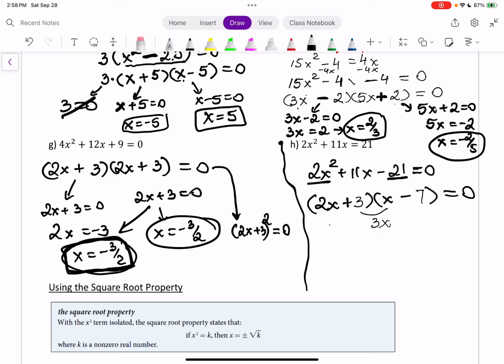So 3x here, negative 14x here, that equals a negative 11. That's way better, but I need a positive 11, so I'm just changing the signs. So there you go, I'll get a minus 3 plus 14, which is the positive 11.